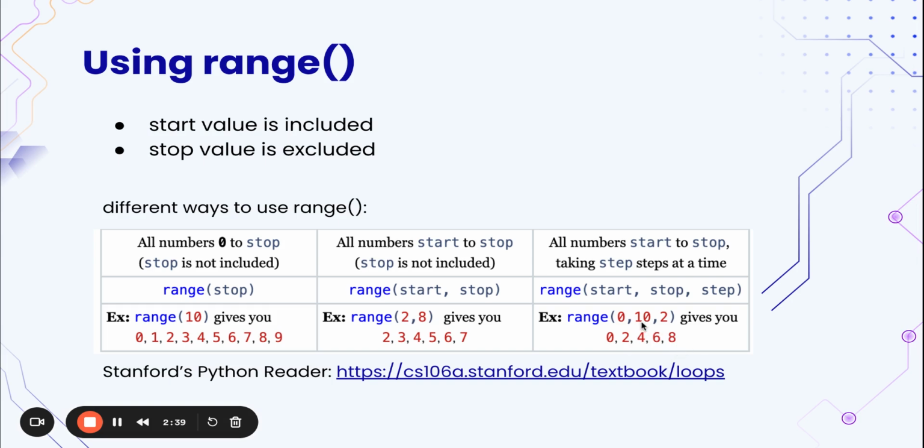And notice how the 10 is not included here, and we are adding 2 to the value of i each time. So 0 plus 2 is 2, 2 plus 2 is 4, 4 plus 2 is 6, and 6 plus 2 is 8. And I encourage you to check out Stanford's Python reader after watching this video.